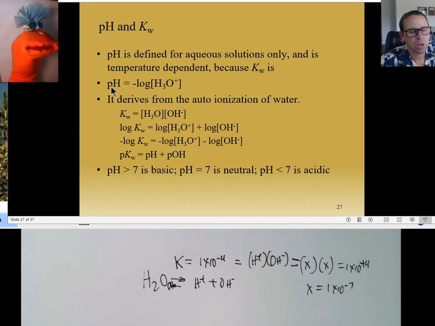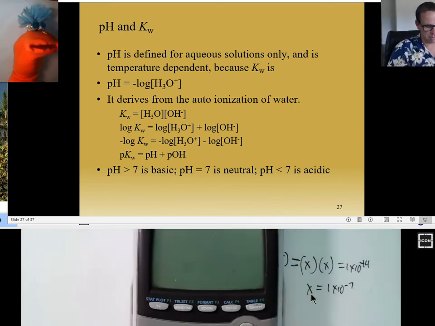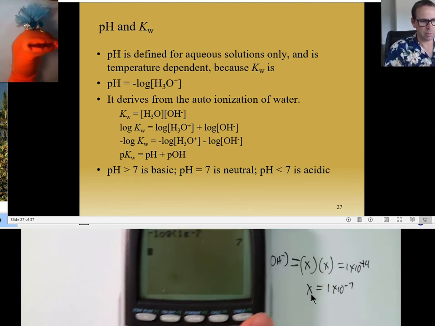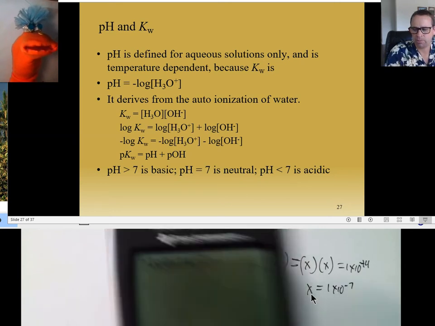All right? So if in water the concentration of the hydrogen ion is 1 times 10 to the minus 7, the negative log of 1 times 10 to the minus 7 equals 7, all right?